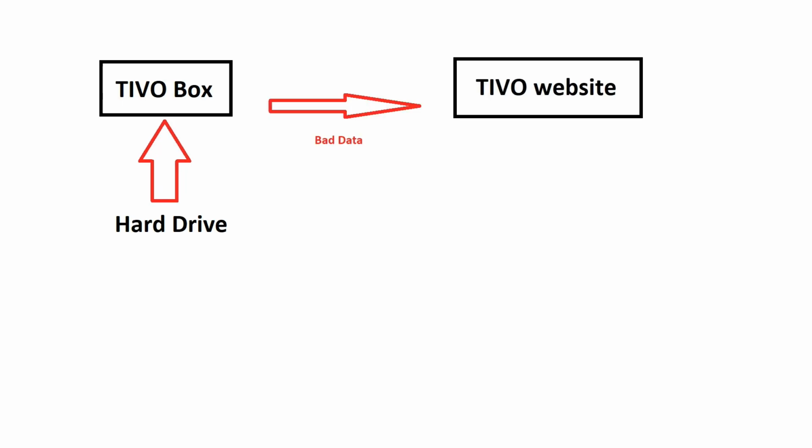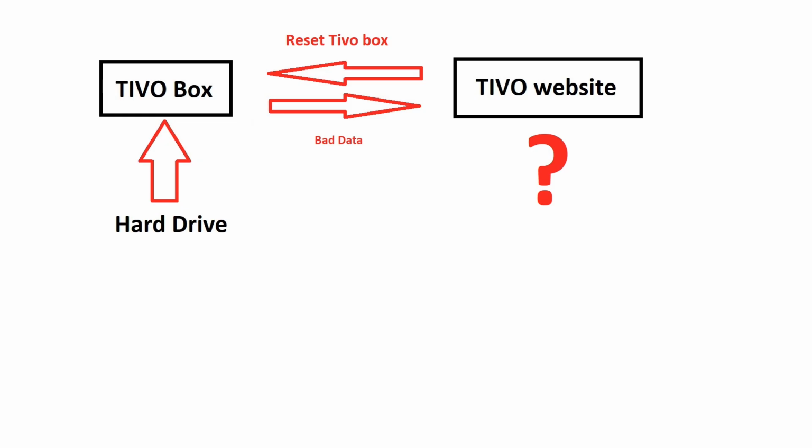But let's say the TiVo box retrieves the data from the hard drive and the data is corrupted. It sends this bad data to the TiVo website. The website goes, hey, there's something wrong here. And so it tells the TiVo box to go do a reset. And this process repeats over and over again.